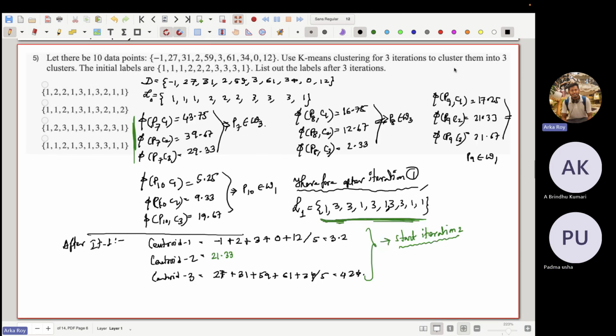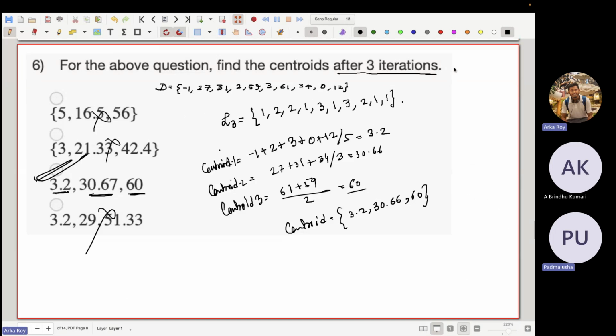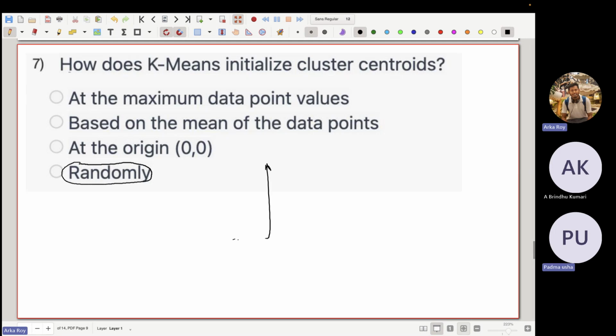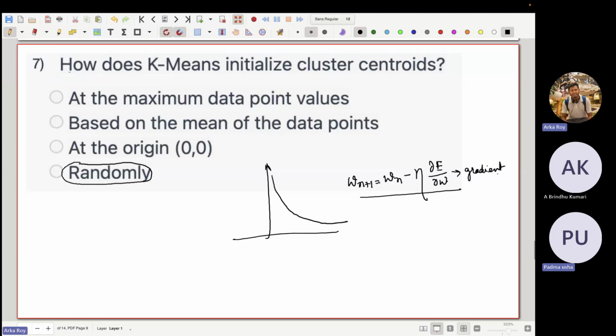Even in gradient descent optimization, you have seen that the equation is W(n+1) equals Wn minus eta into del E by del W. This is called the gradient descent equation. So what about W naught, at the first iteration? In the first iteration, you will always see that we do random initialization.